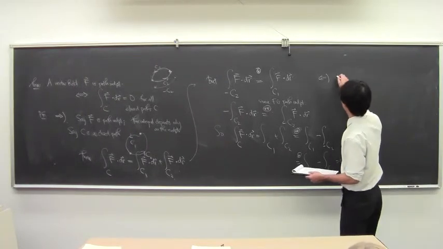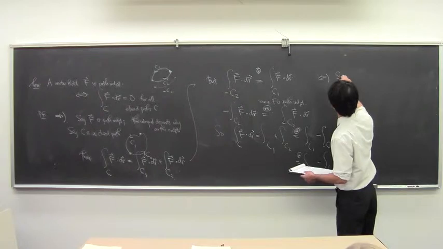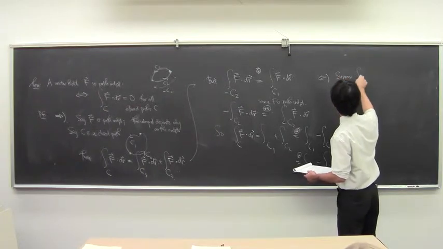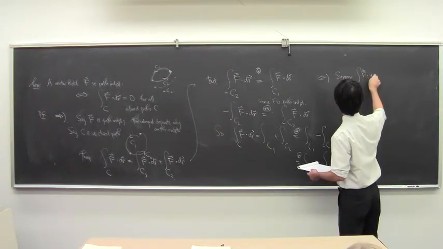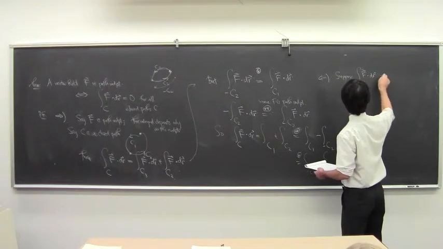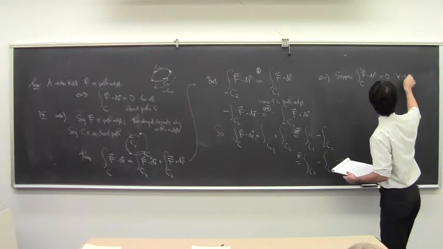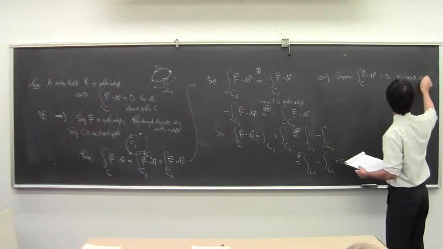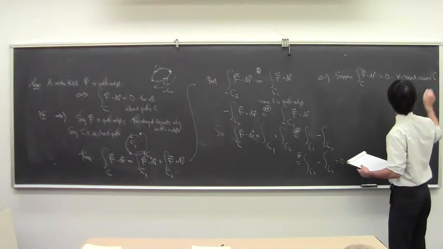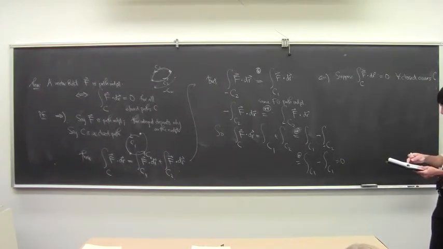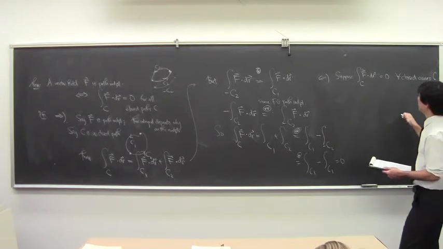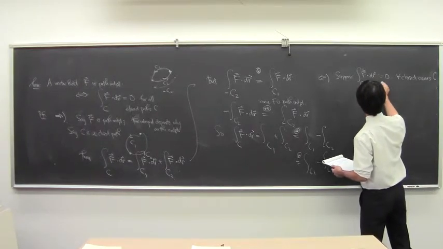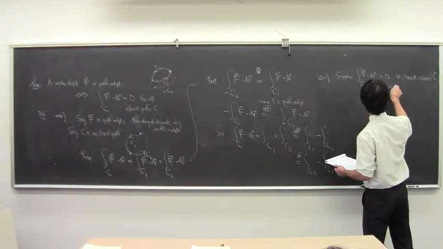So suppose the integral of f dot dr over C is 0 for all closed curves C. This is what's called f satisfies the closed curve condition.